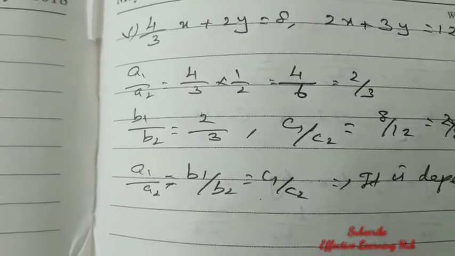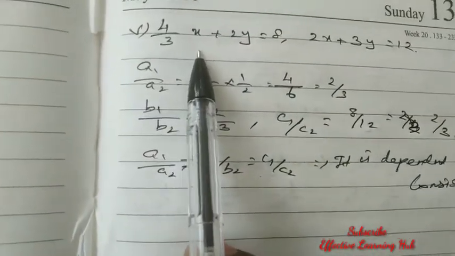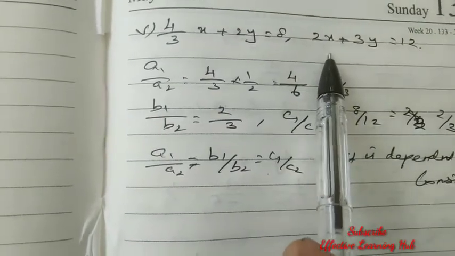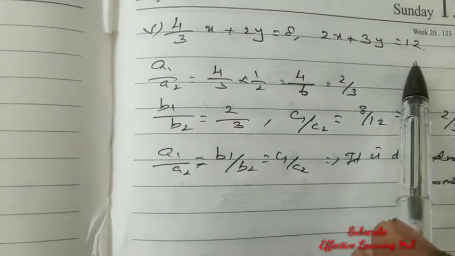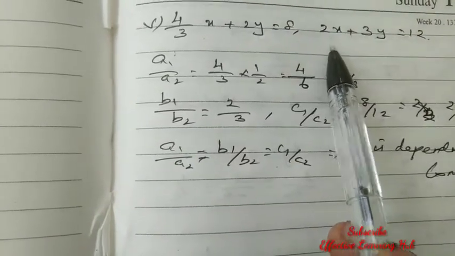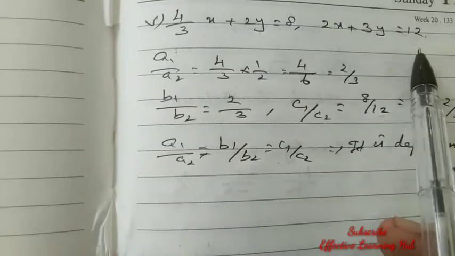Last question, 4 by 3 into x plus 2y equal to 8, and 2x plus 3y equal to 12. a1x plus b1y equal to c1, a2x plus b2y equal to c2.